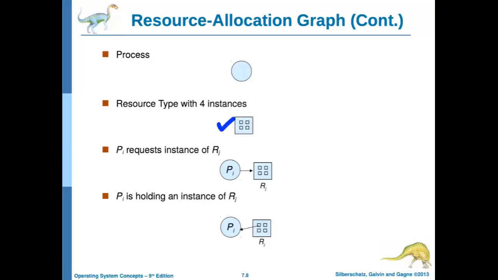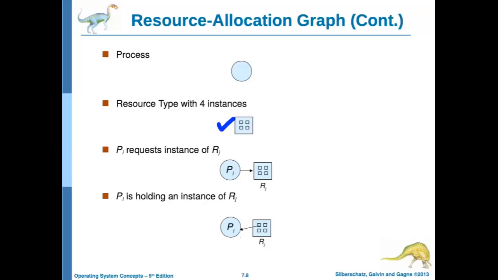Now we need to understand the allocation edge and the request edge, because this is a graph. As I already mentioned, it is a set of vertices and edges, where vertices are of 2 types, processes and resource types, and edges again are of 2 types, depending on the direction of the arrow.